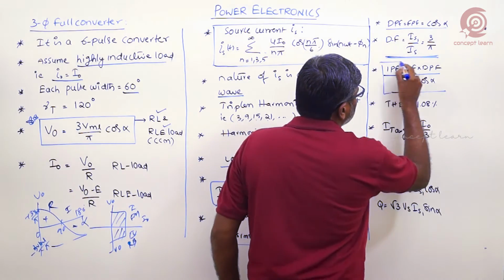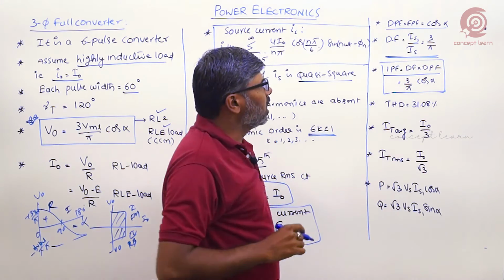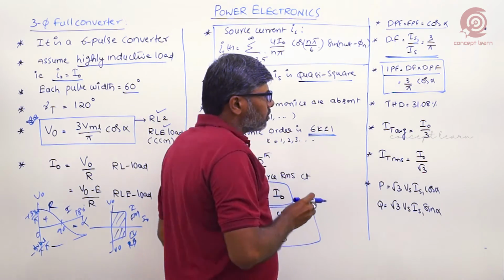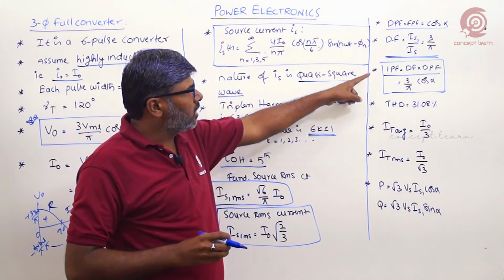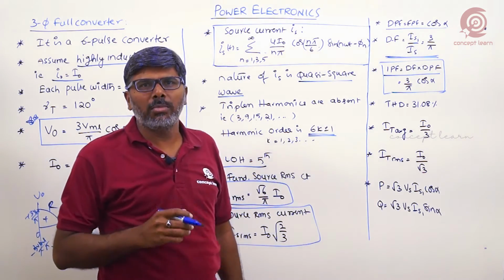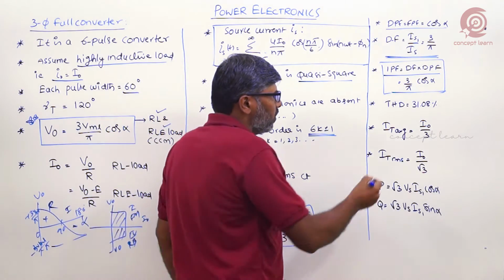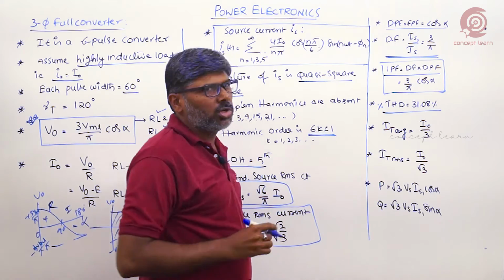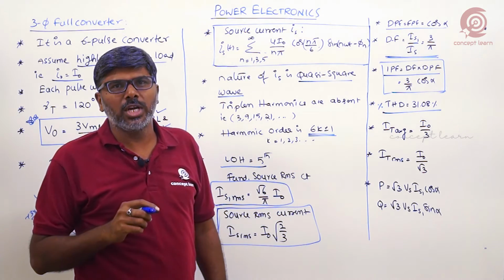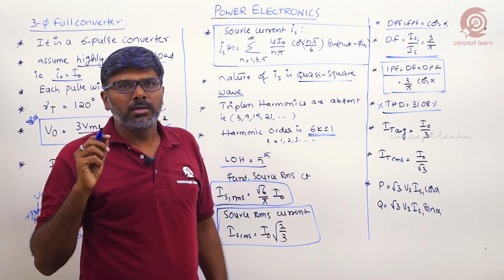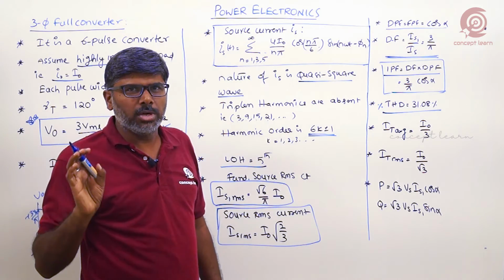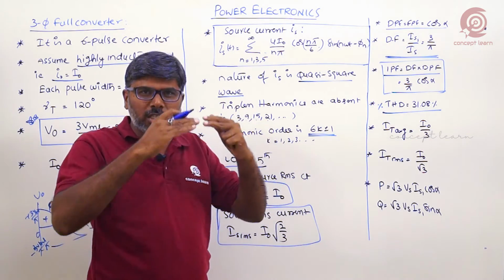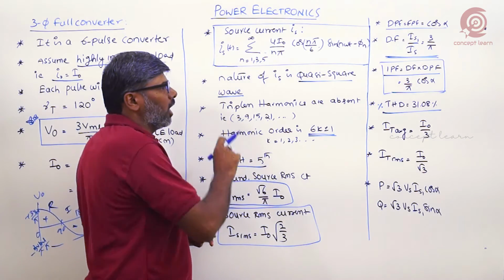This is a very important relation you must remember. Then THD is square root of 1 by distortion factor squared minus 1, so percentage THD is 31.08. In the single phase full converter source current the THD is 43 point something, but here it is 31. So the total harmonic distortion is reduced due to the absence of triplet harmonics.